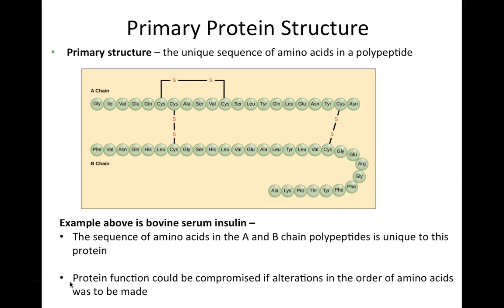The sequence of which amino acid is used in every particular position on the beads of a string, we'll talk about that later. But just simply know right now that if we're looking at the primary structure of protein, we're simply looking at the linear arrangement of amino acids one after another.